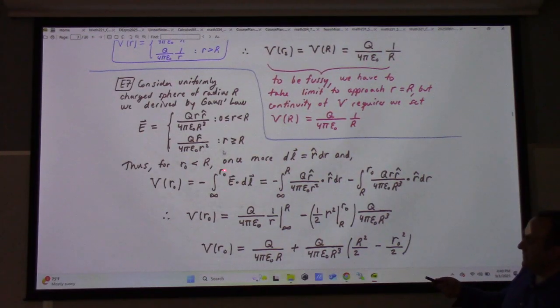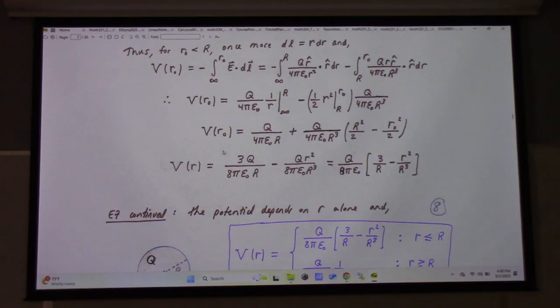Going from infinity to r naught, I could go from infinity to r and then from r to r naught. Out here I've got the Coulomb field, inside I've got the linear field. So I get the difference of the Coulomb potential from infinity to r and this integral from r naught to r, and that gives me this lovely formula here. I think I clean it up on the next page. Let me go on.